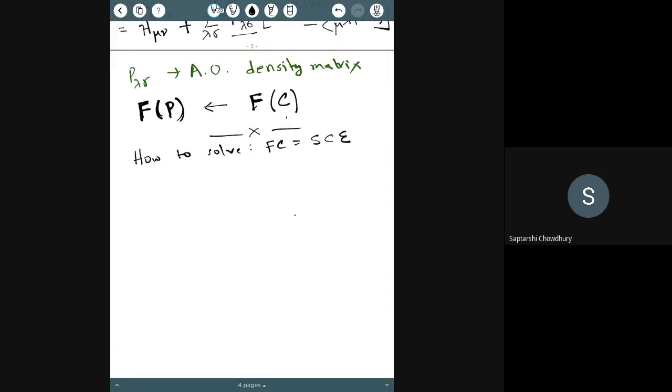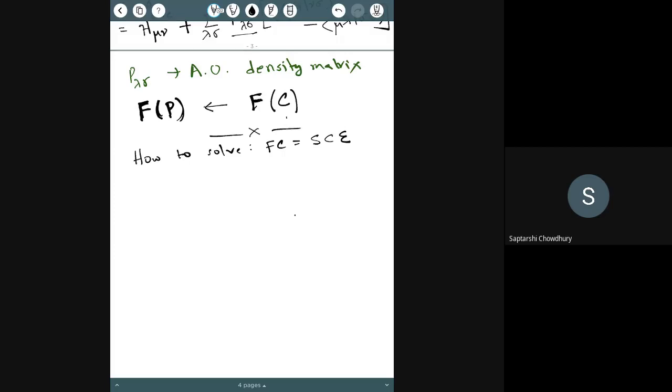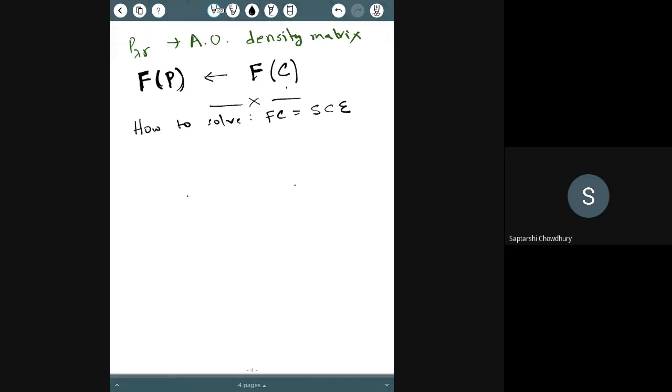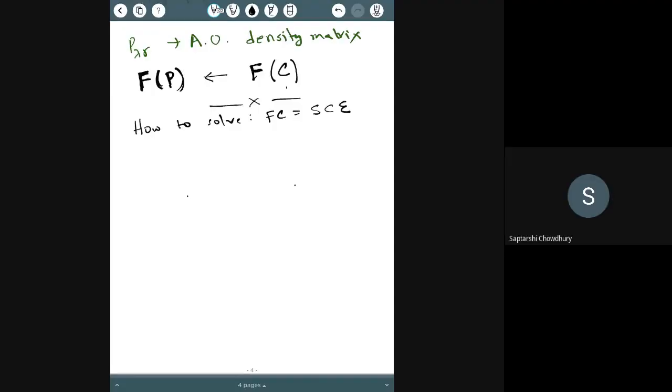What we can do is go over to a different basis that will give me a C prime that gives an eigenvalue equation as the Roothaan equation. Let's put that into mathematical terms. We have a transformed basis that looks like this.